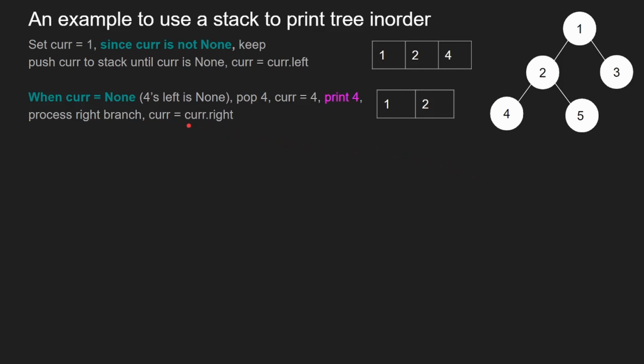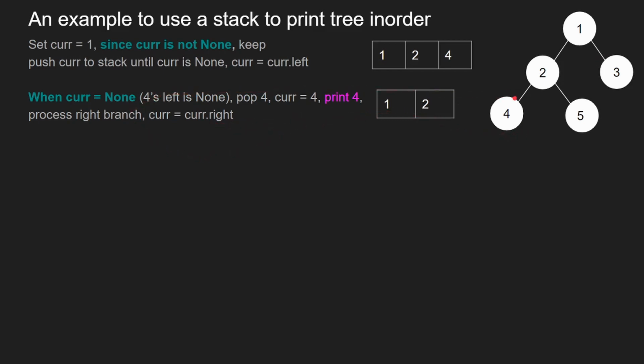When current is none, for example, 4's left is none, then you pop 4, you make current point at that node, which would be 4's node, and you print 4.